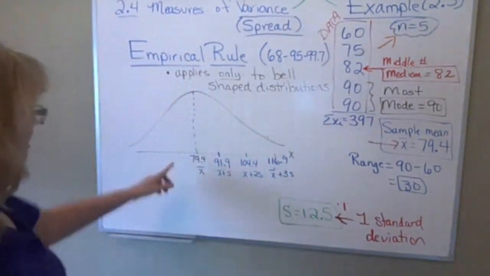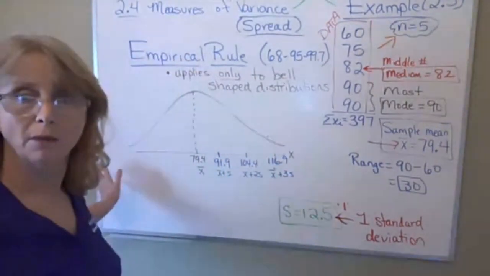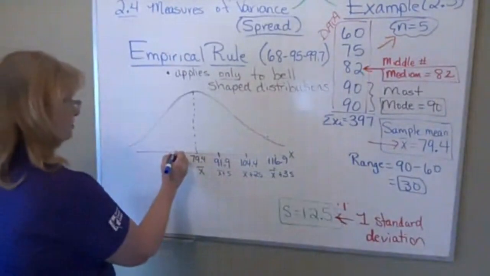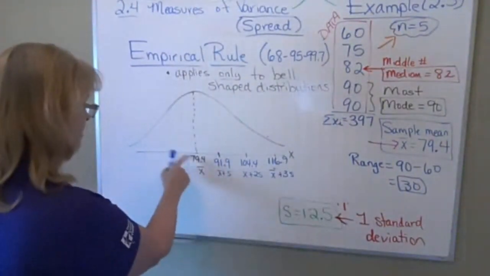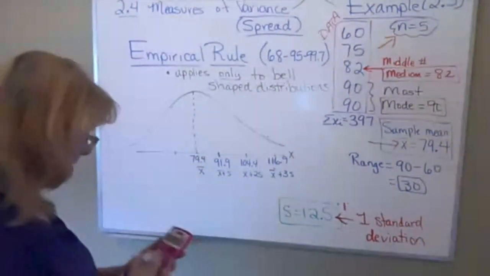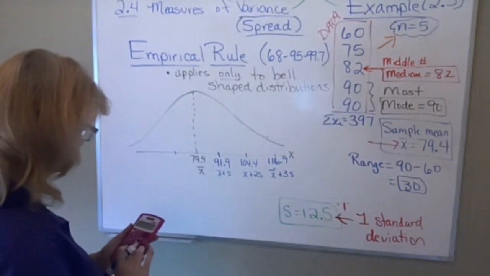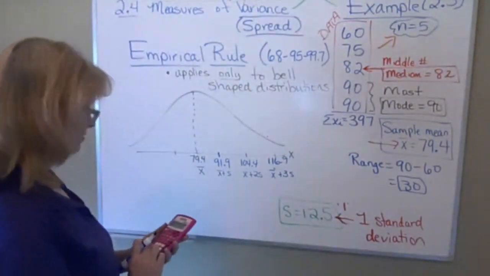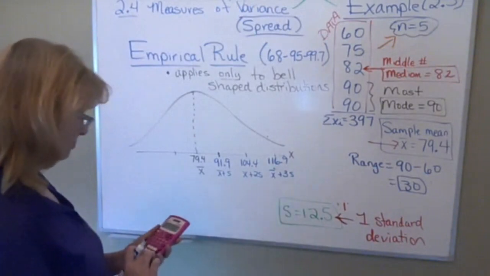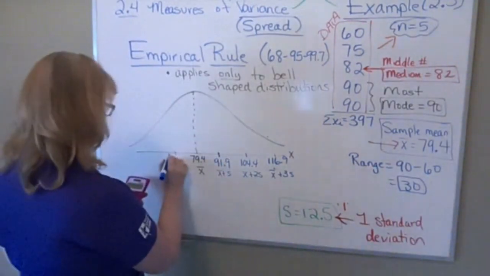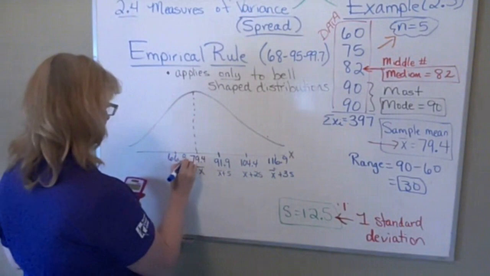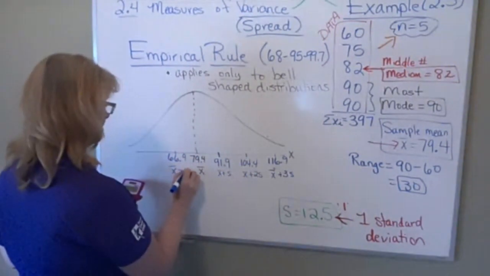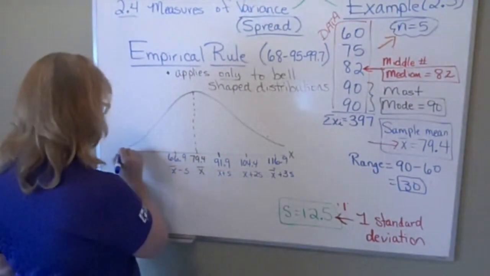Then I also need to find the data values that are below the mean. So I'm going to find the one that's 1 standard deviation less than the mean. So this time I'm going to subtract the standard deviation. 79.4 minus 12.5 gives me 66.9, and that's x bar minus 1s.